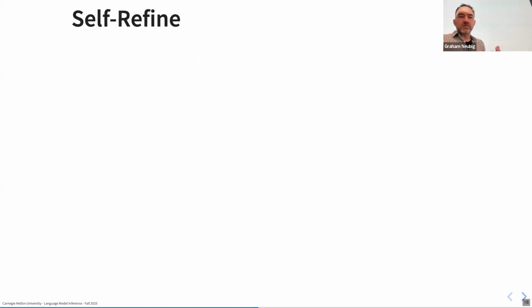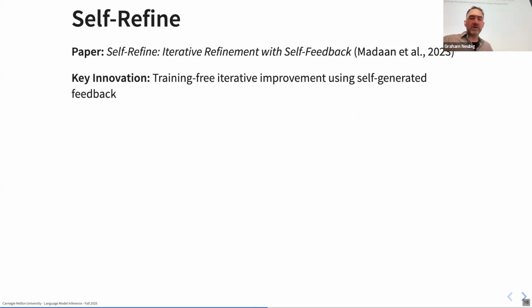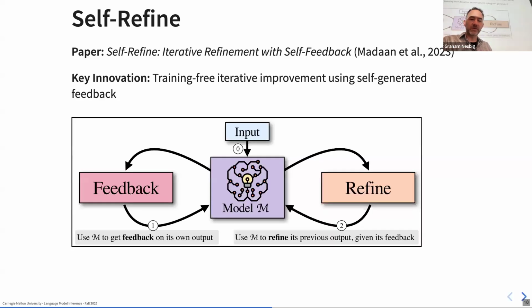Cool. Okay, so next I'd like to talk about self-refine. This was one of the first papers on self-refinement with large language models in a training-free context. Basically what it demonstrated was that you can use large language models to critique their own outputs and generate better outputs as a result.